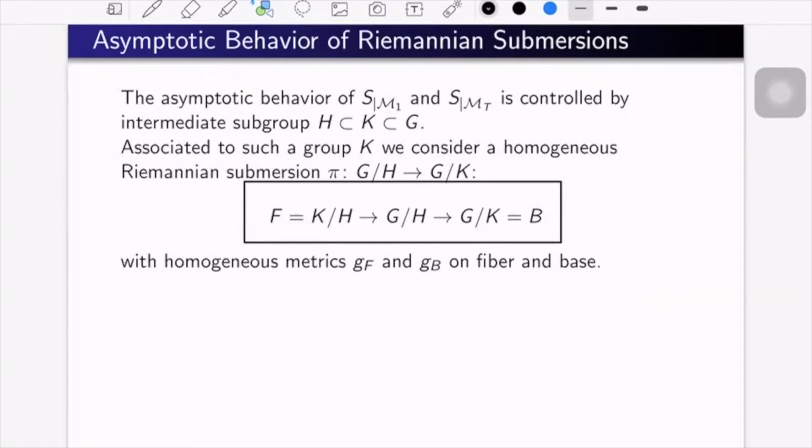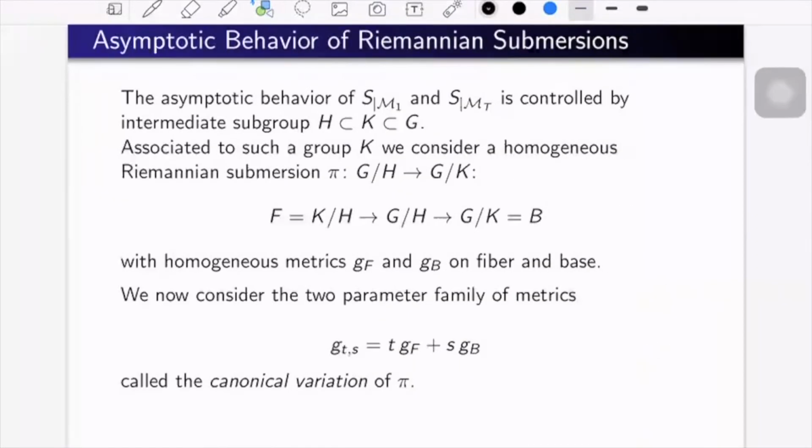And now I scale. It's a well-known trick or procedure one does for this kind of Riemannian submersion. You scale the fiber and the base. So here I will multiply the fiber by t and the base by s. Then I vary t and s. This is called a canonical variation of a Riemannian submersion, a well-known method for constructing examples.